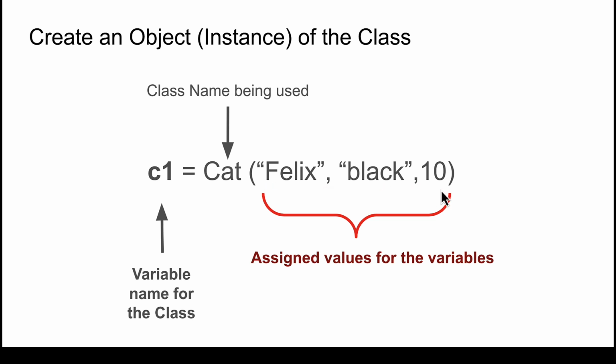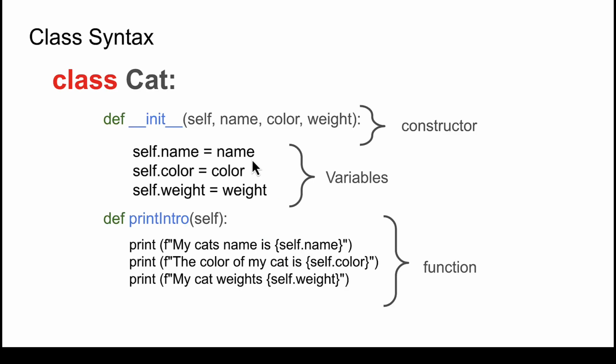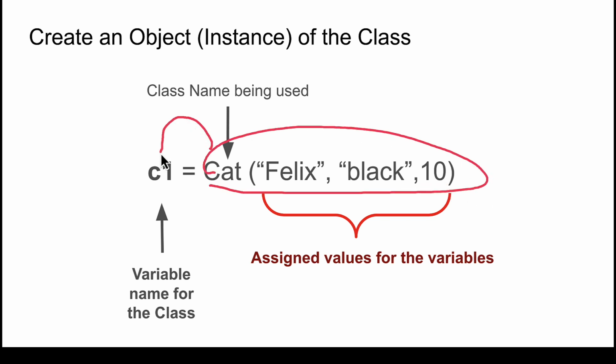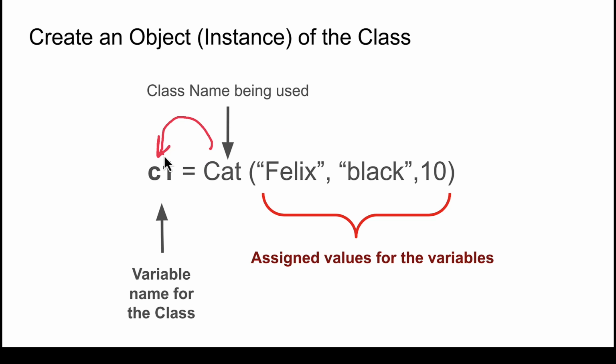If you remember the slide before, we had name, color, and weight. Now we're identifying name, color, and weight here. So all this information is now being addressed to that, and again, this Cat class is going to be identifying it.